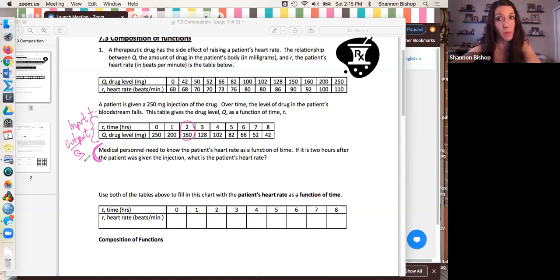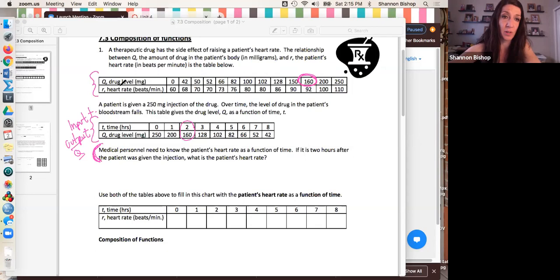But that's not where the problem stopped. We then had to take that 160 milligrams and go look at this table for the 160 milligram mark. Do you realize that when you did this, your eyeballs had to jump to the top row of the table?